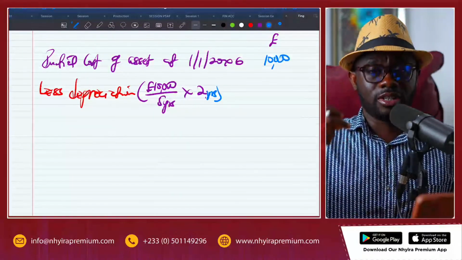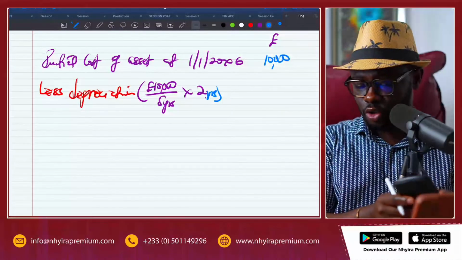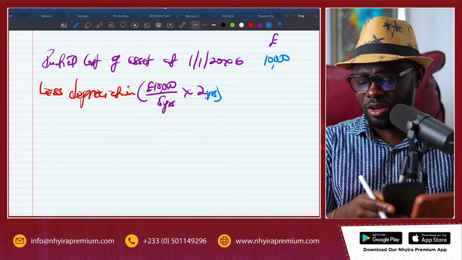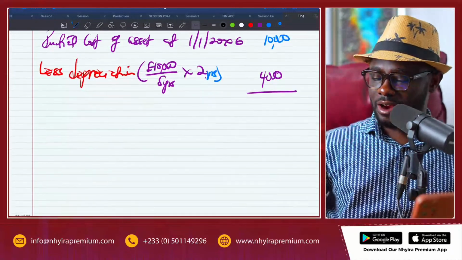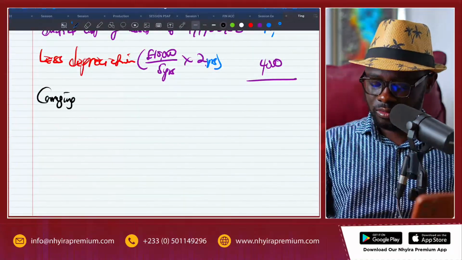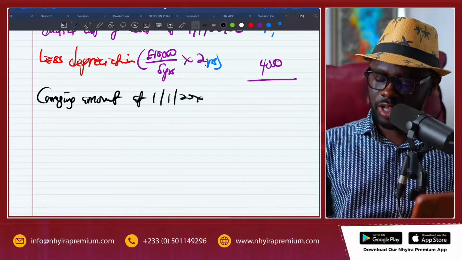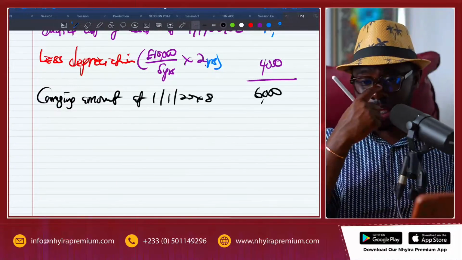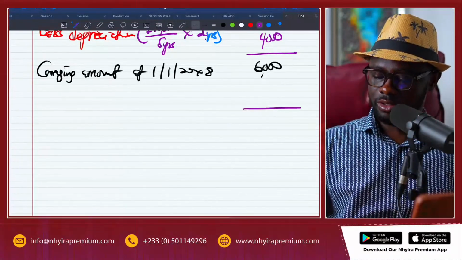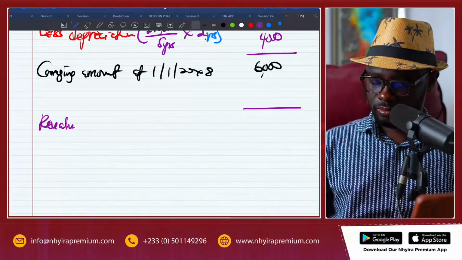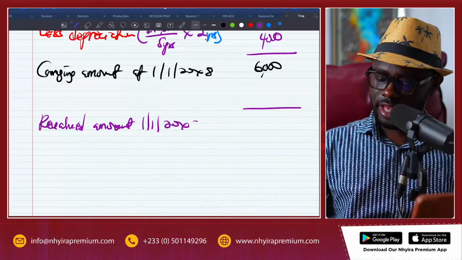Because the revaluation was done at the beginning of 20x8, which is in the third year. So what do we have? 10,000 less 4,000 is 6,000. And so the carrying amount at 1st January 20x8 will be 6,000, the day on which they did the revaluation. Then we bring in the revalued amount, 1st January 20x8.